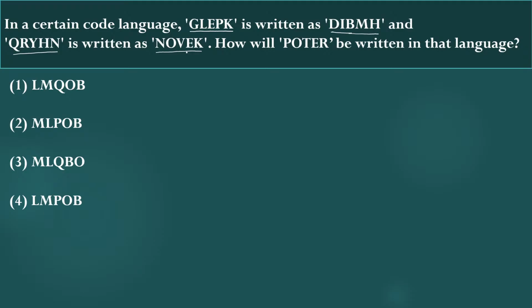So in this code language, they wrote GLEPK as DIBMH and QRYHN as NOVEK. How will POTER be written in that language?